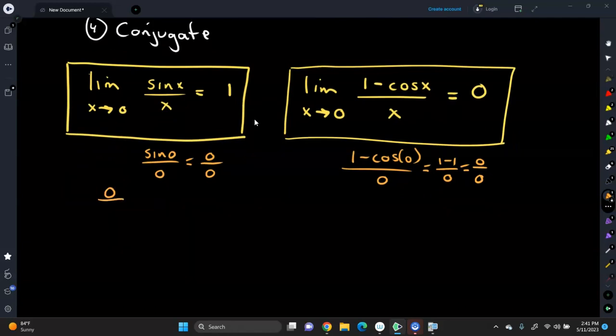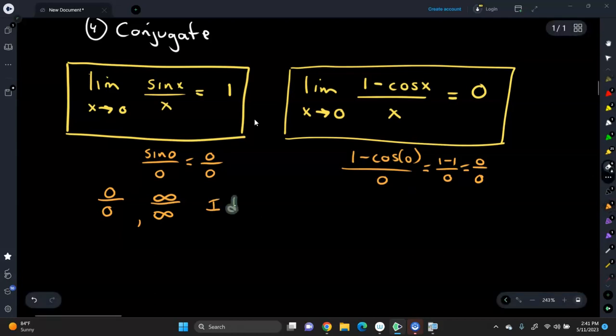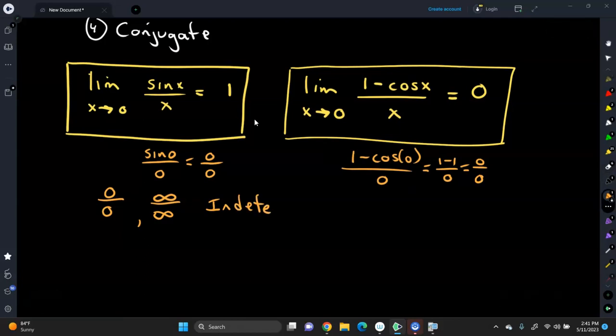I don't know if we mentioned it in a previous video, that 0 over 0, or if we get infinity over infinity, these are called the indeterminate forms. Knowing what it's called is really not that important, but just know that it is a problem.